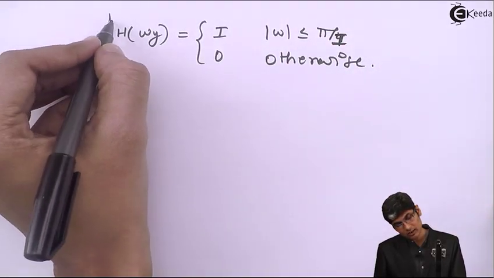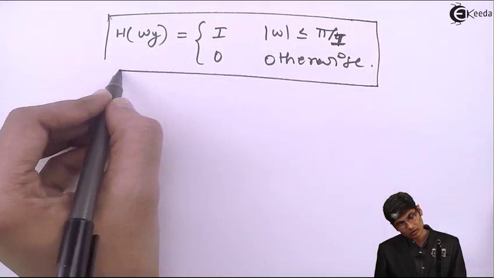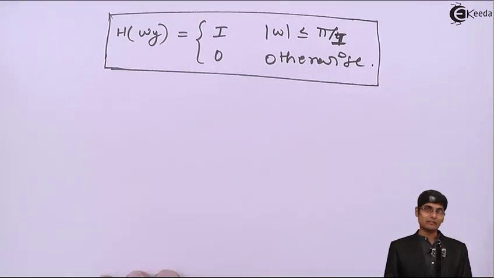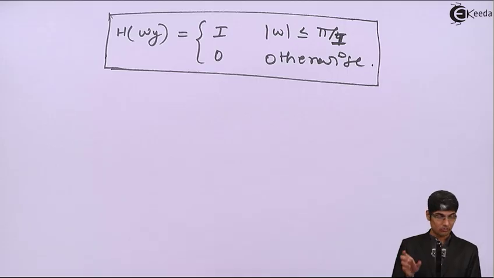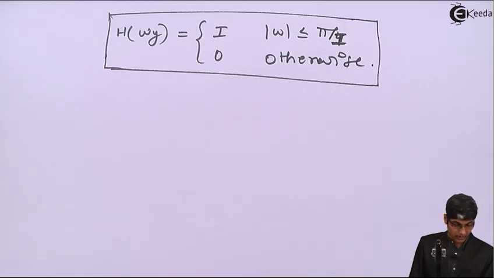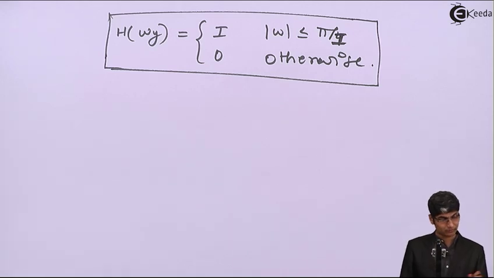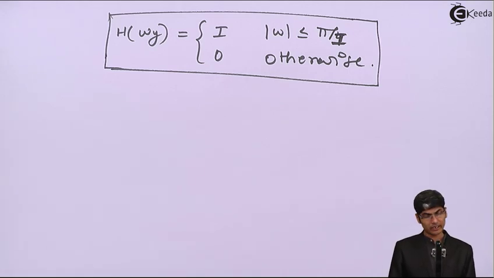So the transfer function of the filter is I, and mod of omega is 1 over I. So you can generalize and you can write the sequence, that's not an issue. Let us write one more in terms of time instances.